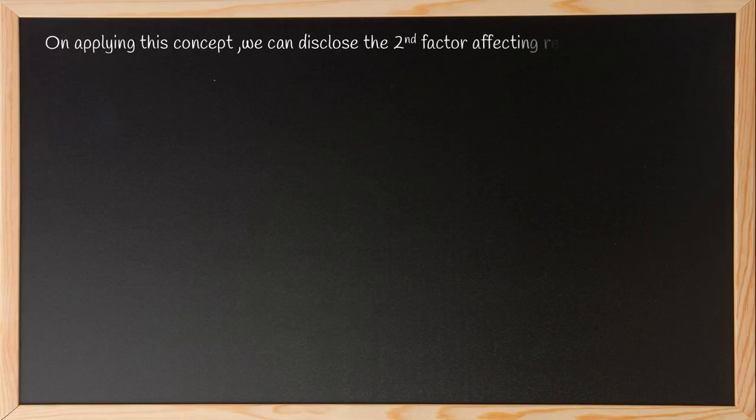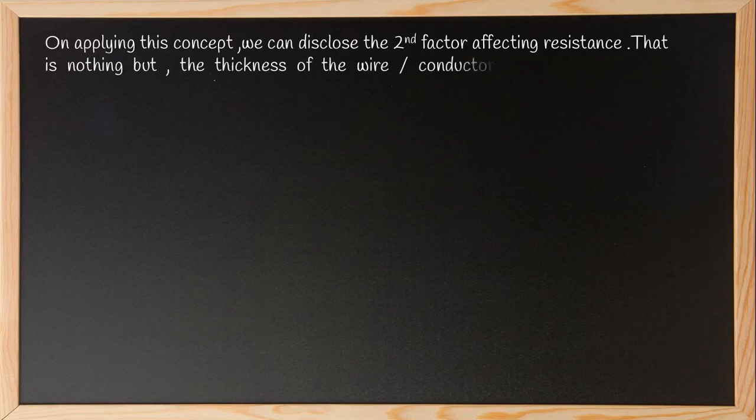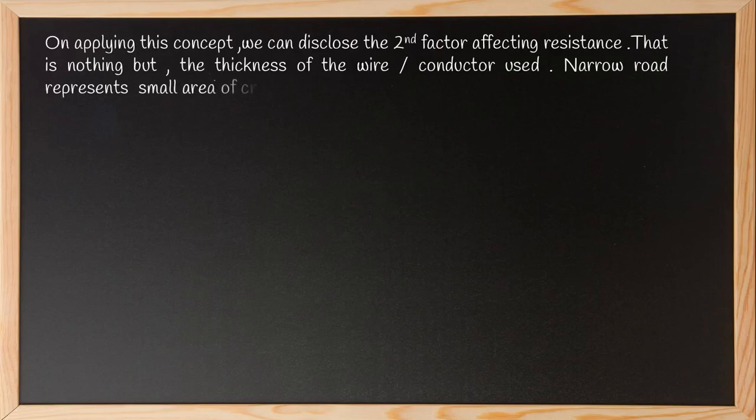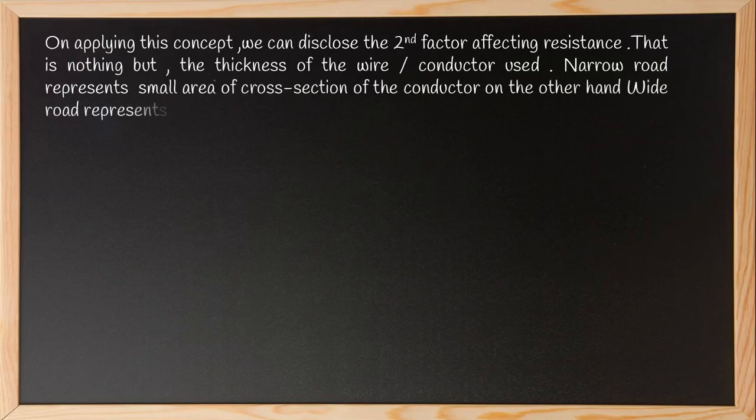So on applying this concept, we can say that the second factor affecting resistance is nothing but the thickness of the wire or conductor used. A narrow road represents a small area of cross section of the conductor. On the other hand, a wide road represents a large area of cross section of the conductor.